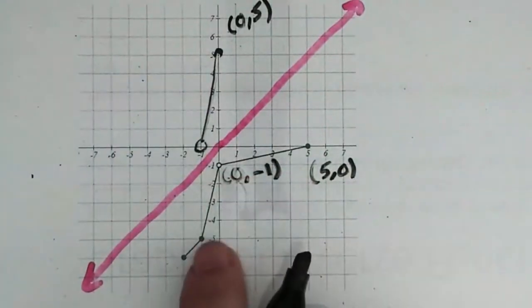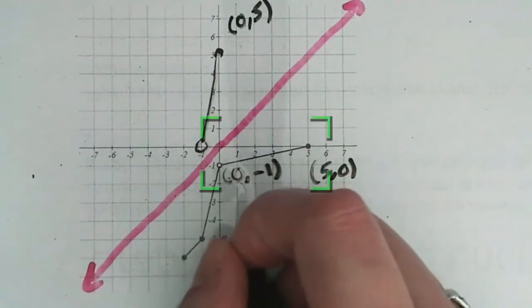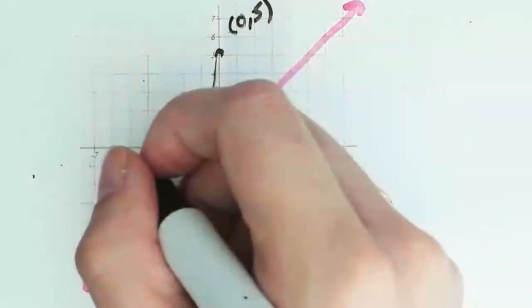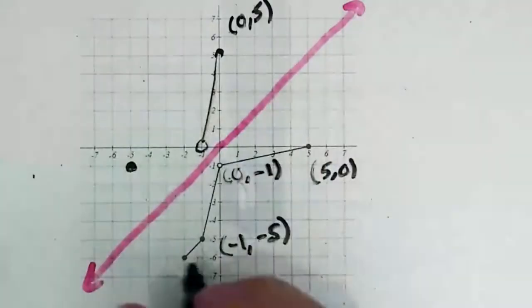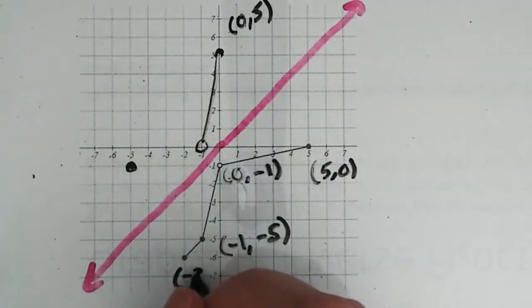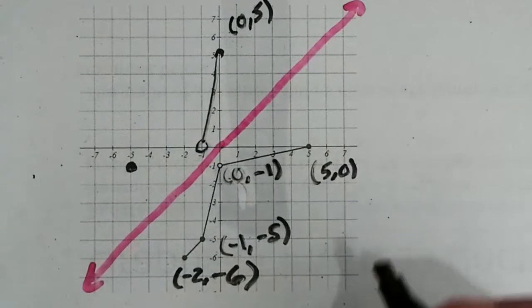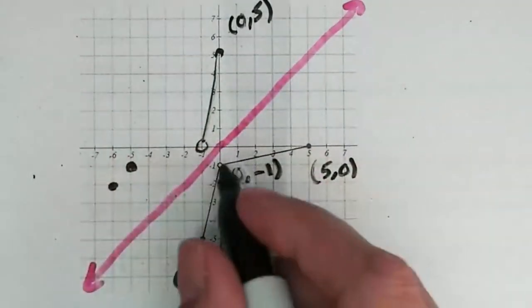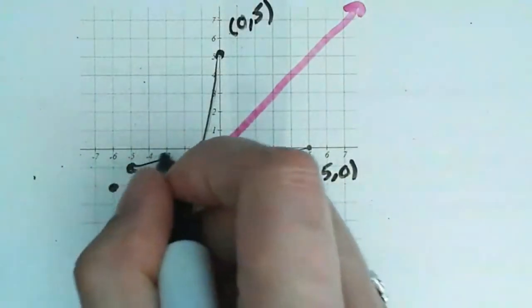And then this point is at -1, -5. So if I switch that, -5, -1, it's going to be here. This point down here is at -2, -6. If I switch those, -6, -2, that'll be there. And then I just have straight lines connecting everything.